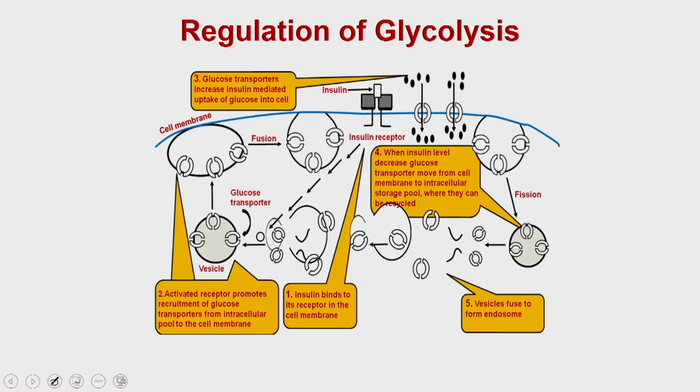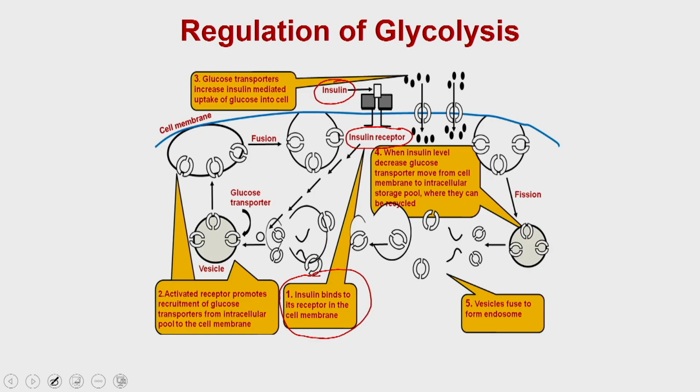Within the cell you have transporters present on the cell surface, and one hormone is insulin. When insulin binds to the insulin receptor, it drives downstream signaling, and because of that it regulates glucose metabolism within the cell. In the first event, insulin binds to its receptor in the cell membrane, and that activates the insulin-mediated downstream signaling.